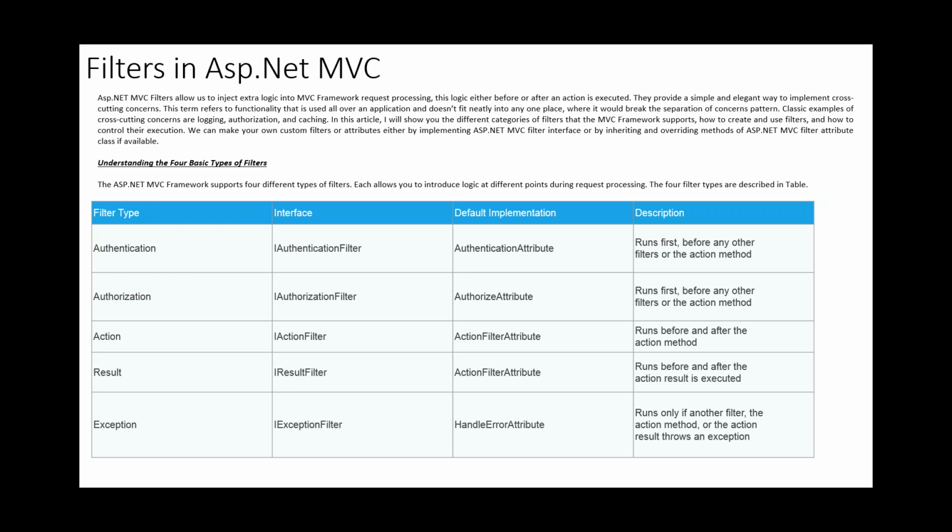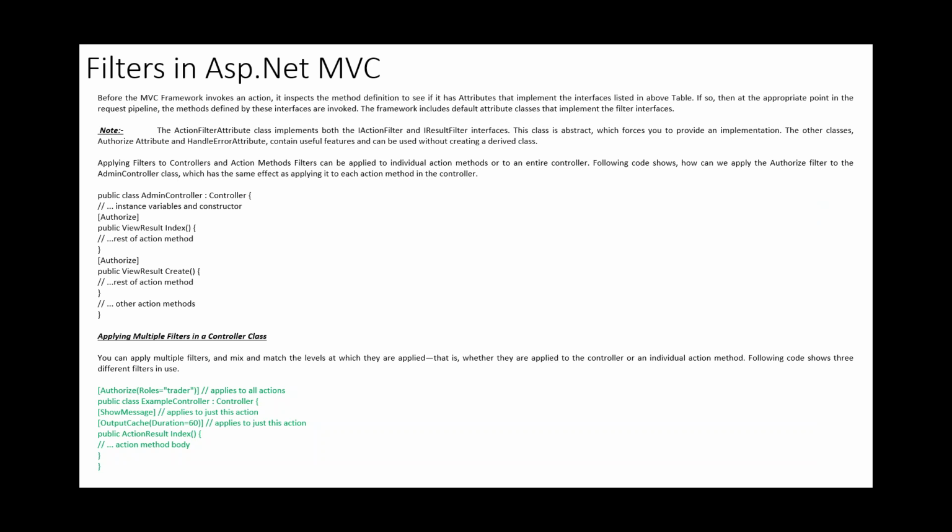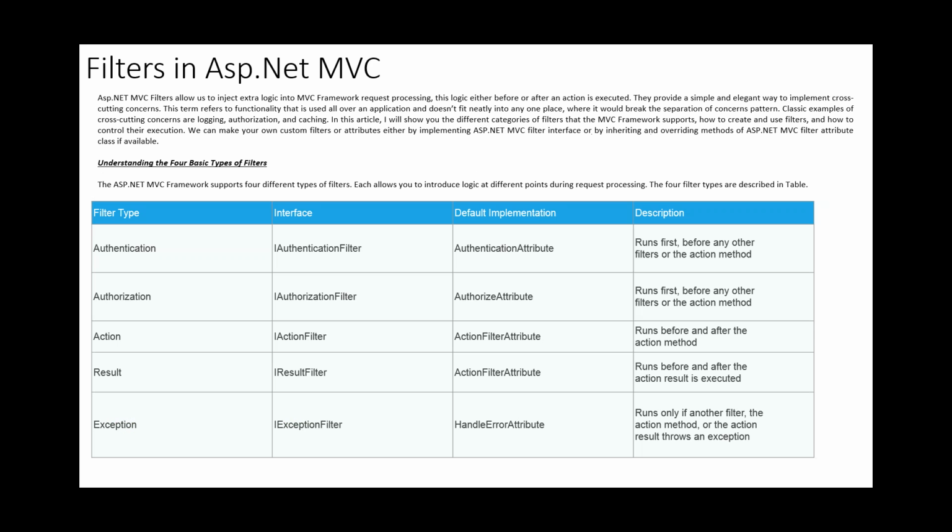Action filter is mainly about what kind of action you are going to take, and what it will return. For that purpose, the action filter is used. The first two run before your action executes.